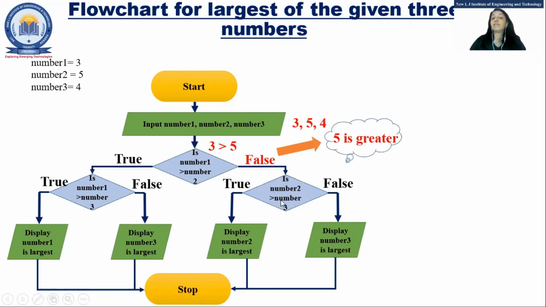That means, is 5 greater than 4? So it is yes. That means this red is the true part. You can see that the red color is first false and then true. So that is the correct one. So display number 2 is the largest one. That means 5 is the largest one. Clear? 5 is the largest one and it will stop the algorithm or flowchart. Clear?